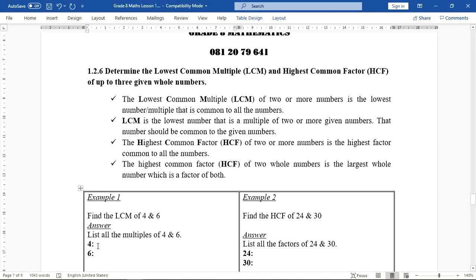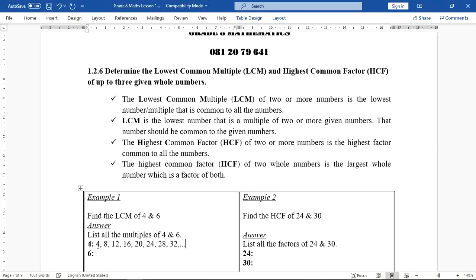So let us list all the multiples of 4. The first multiple of 4 is 4, followed by 8, followed by 12, followed by 16, followed by 20, followed by 24, followed by 28. How am I getting these numbers?